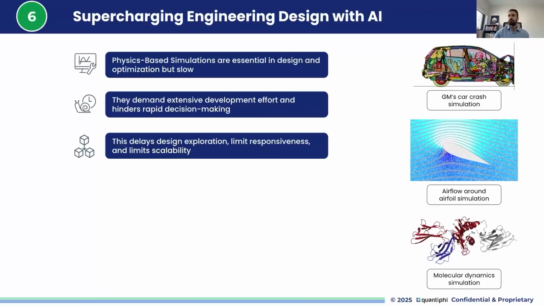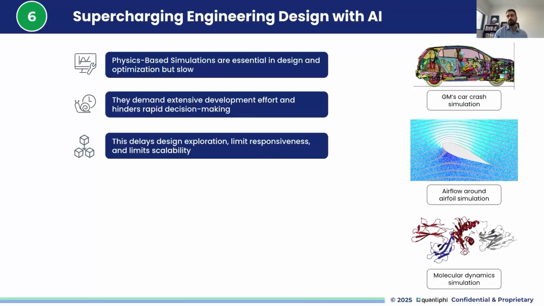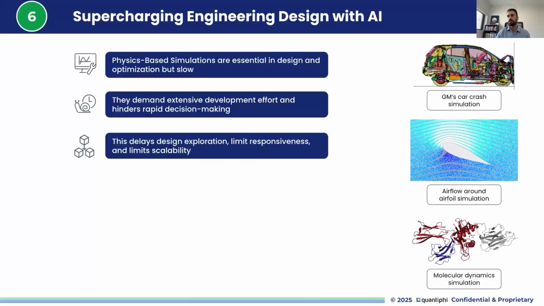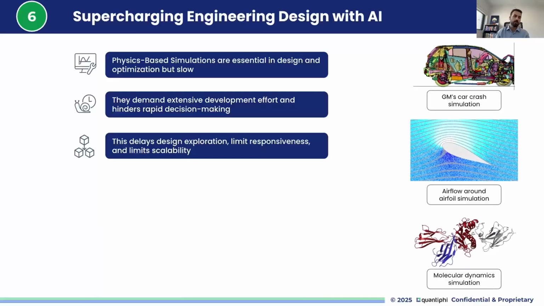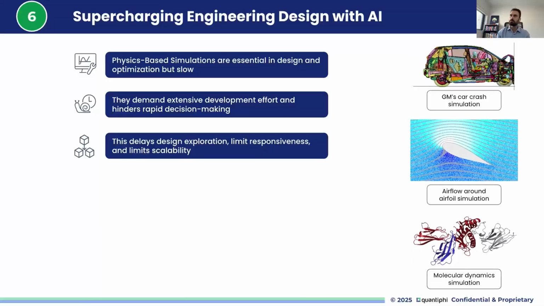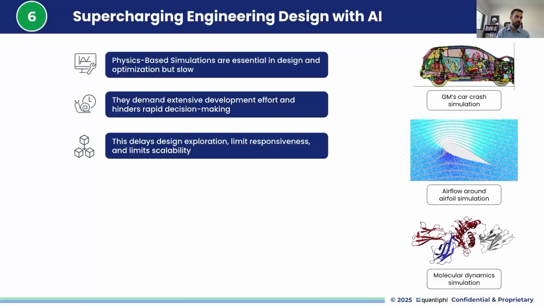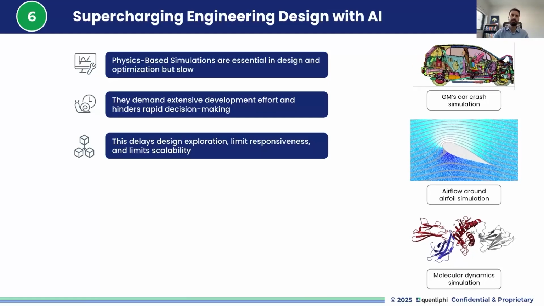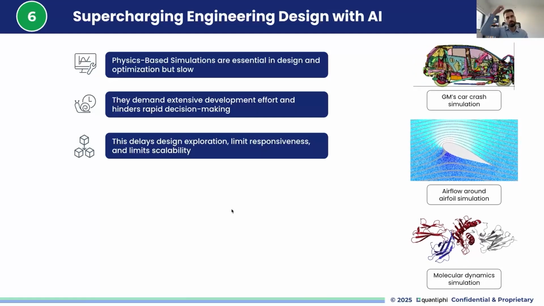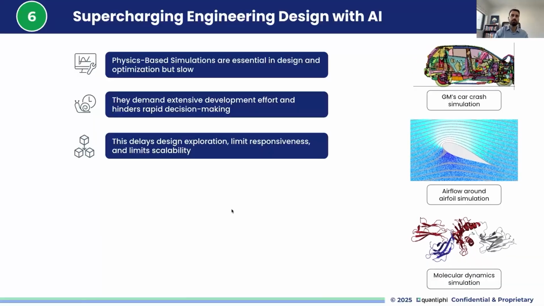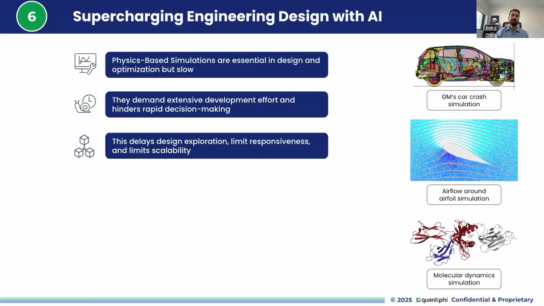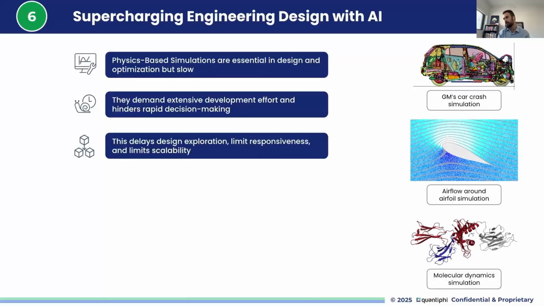For example, at Boeing, engineers would use these tools to optimize the aircraft wing, or in automotive companies like GM, Ford, and Tesla simulate crash scenarios to improve the safety of their vehicles. The problem with these tools is that they are quite time-consuming and computationally intensive, and this actually hinders rapid decision making.